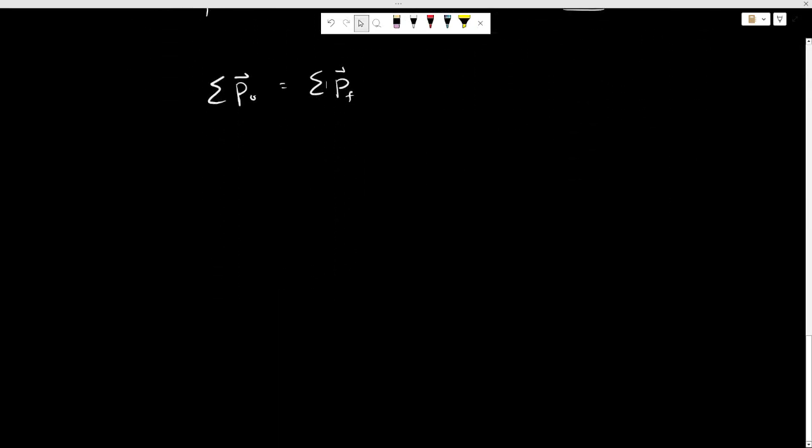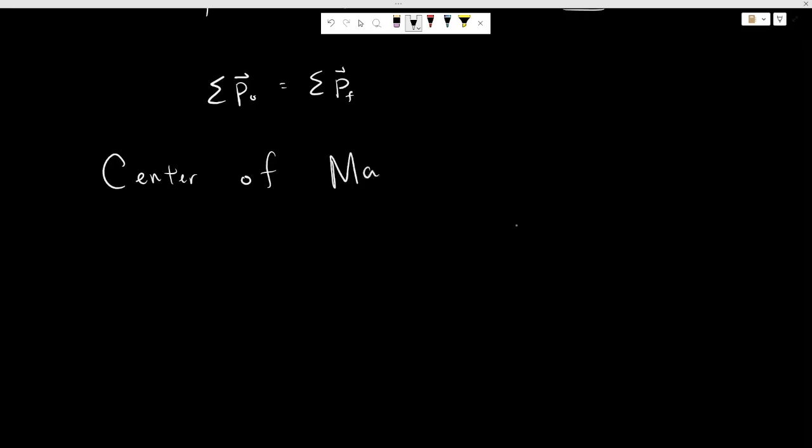Now, we have to talk about kind of a weird thing in this unit. That thing is called center of mass. Right, because something has to be moving at constant velocity, right? And because we have no outside force, the center of mass of your system is what's moving at constant velocity.